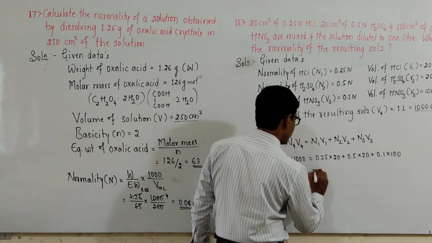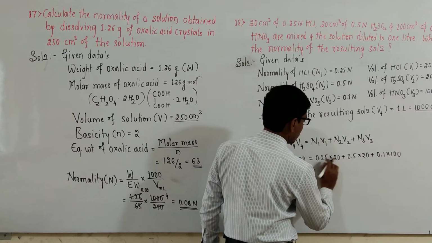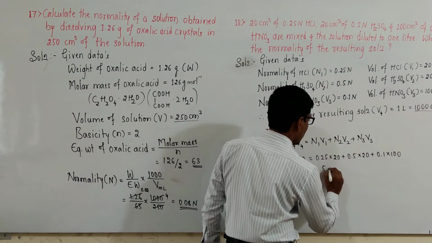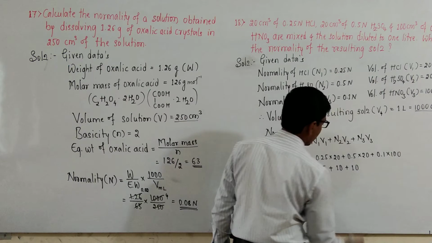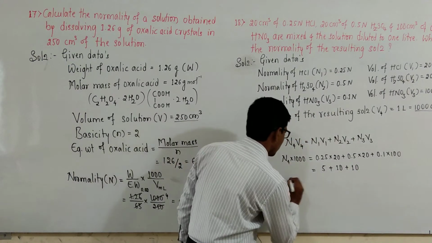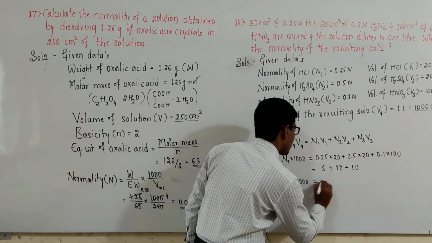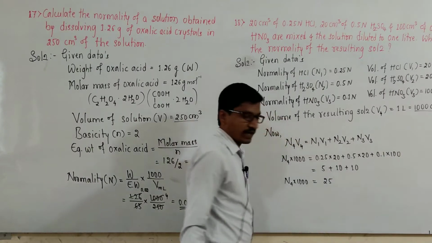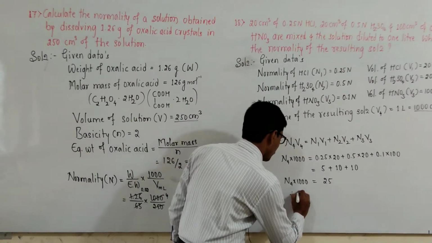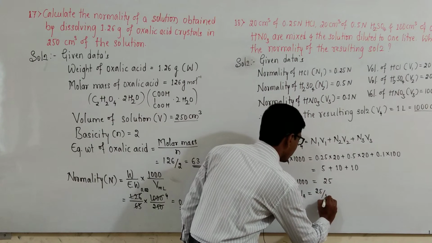This is equal to 5 plus 10 plus 10, so N4 into 1000 is equal to 25, and therefore N4 is equal to 25 divided by 1000.